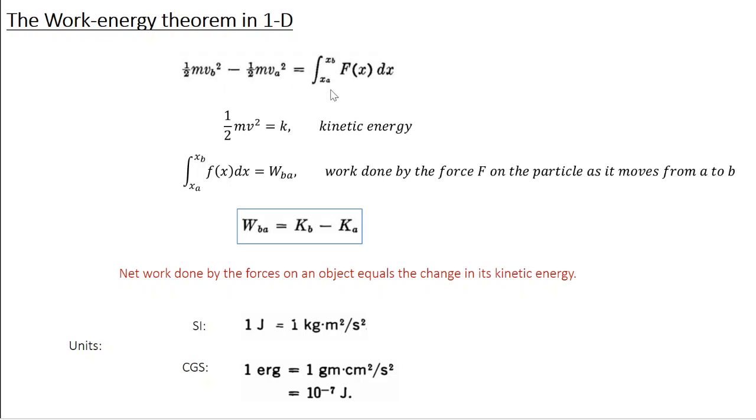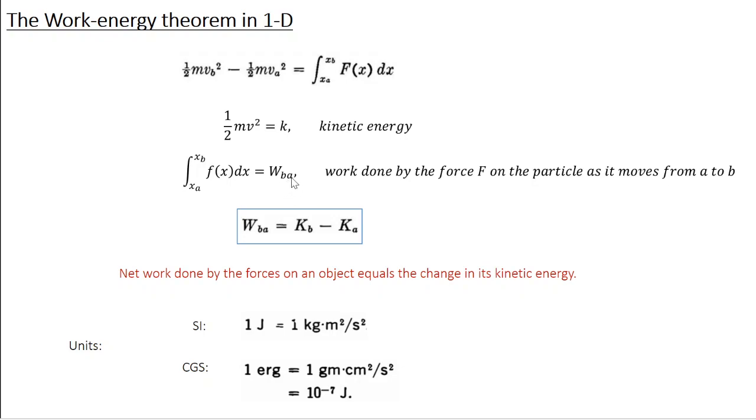What is the meaning of the right hand side? Force into displacement is nothing but work done, right? So integral XA to XB F of x dx is the work done by the force on the particle as it moves from initial position A to final position B, and you can call it WBA.